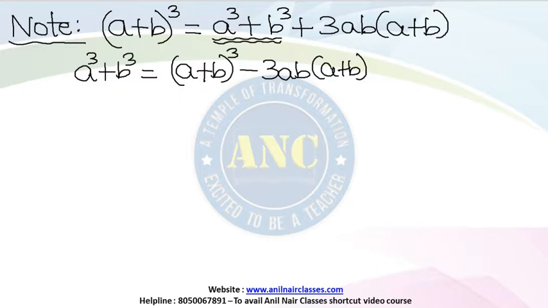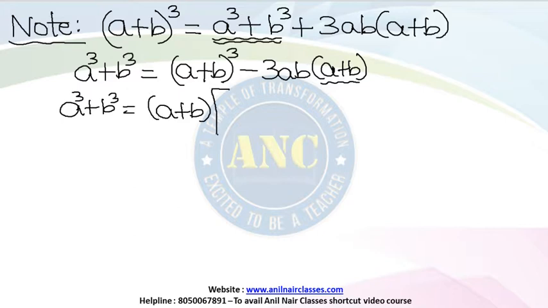Now, if I simplify further, a plus b whole cube has one of the a plus b's, and here also there is another a plus b, so I can take that a plus b as a common factor. If I take a plus b common, the thing which is left out in a plus b whole cube is a plus b whole square, which is nothing but a square plus b square plus 2ab. These are all the proof for our problem solving.